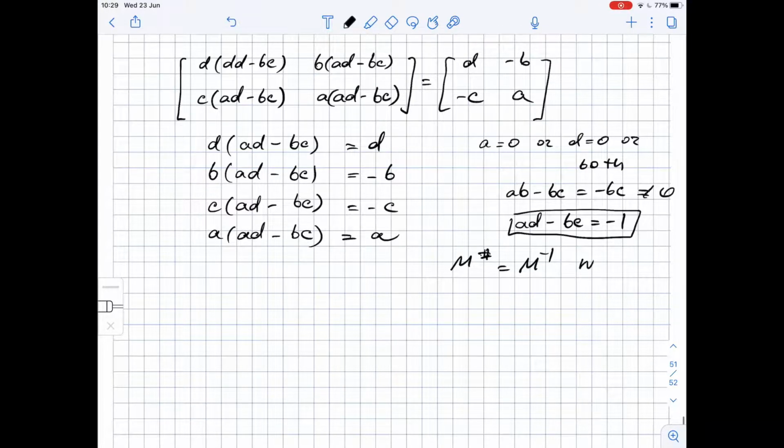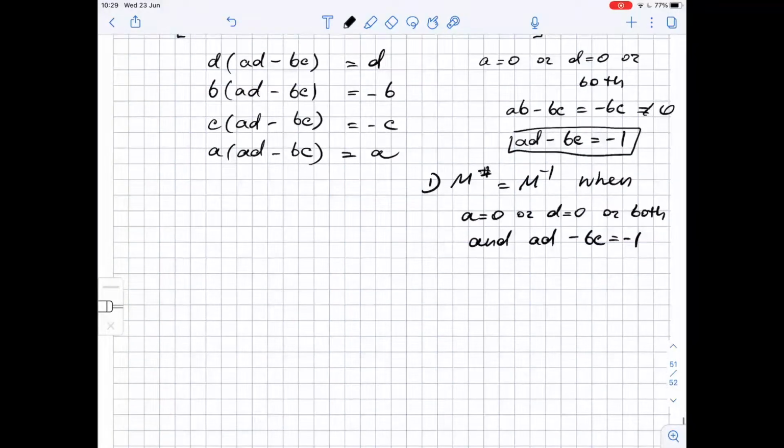So let's write it down. When A equals 0 or D equals 0 or both, and AD minus BC equals negative 1. So this is the first scenario.